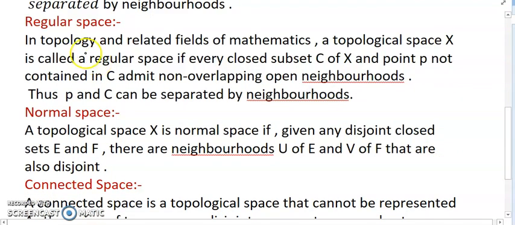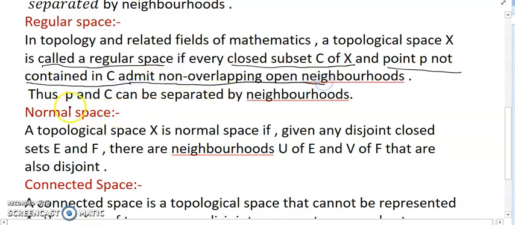Okay, what is a regular space? In topology and related fields of mathematics, a topological space X is called a regular space if every closed subset C of X and a point P not contained in C admit non-overlapping open neighborhoods.